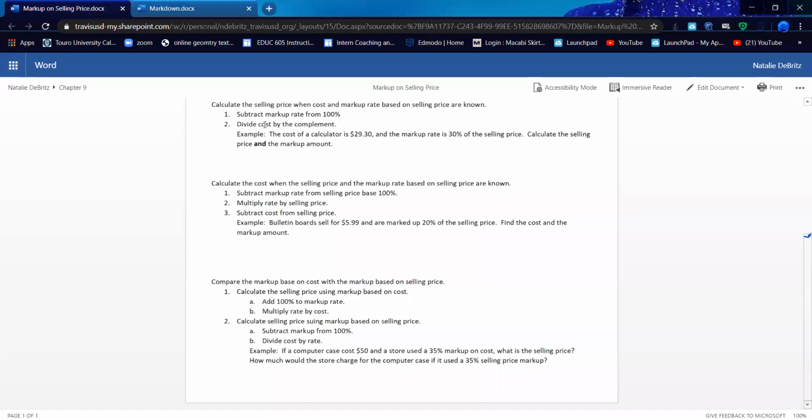So it says first we're going to subtract the markup rate from 100%, and then we're going to divide the cost by the complement. So the markup rate is 30%, so I'm going to subtract that from 100.